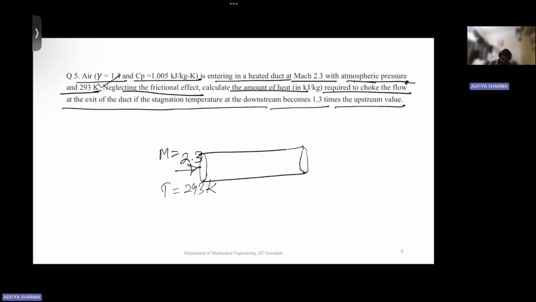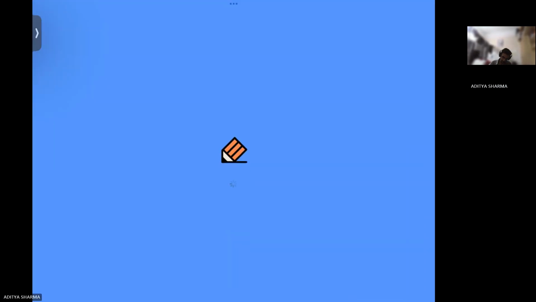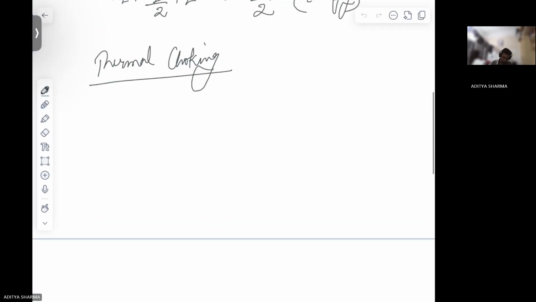Here you have some total temperature, and here you have some total temperature, and this ratio is 1.3.